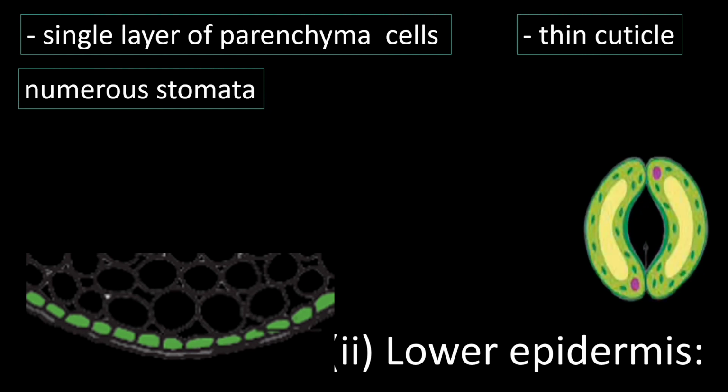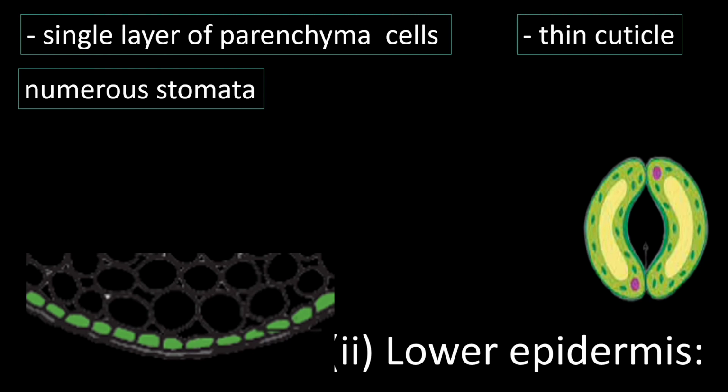The stomata are openings. They are covered by guard cells. Look at this picture on the right side. There is a central opening, the stomata. The opening is covered by two guard cells. How many guard cells are there? Find out. There are two guard cells found around the stomata.